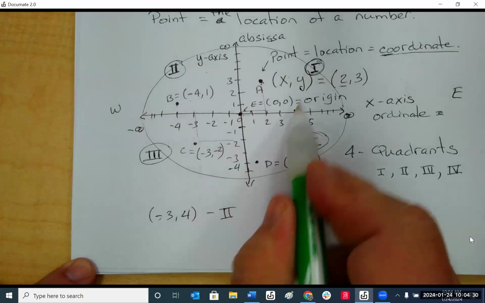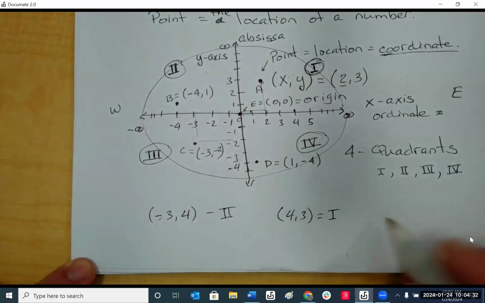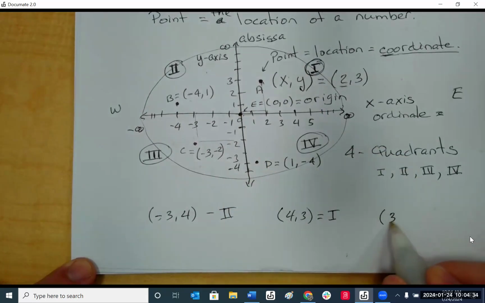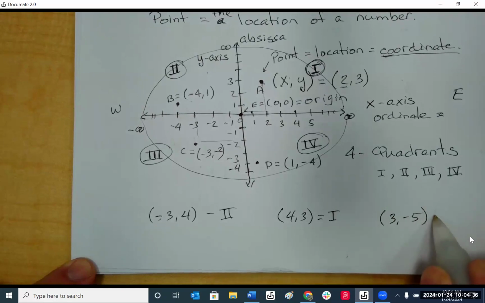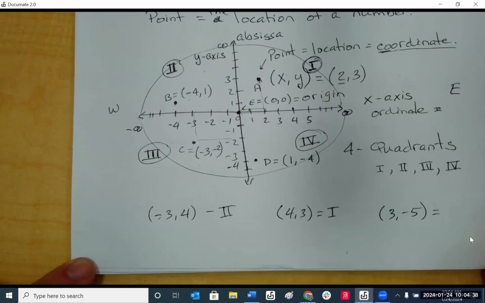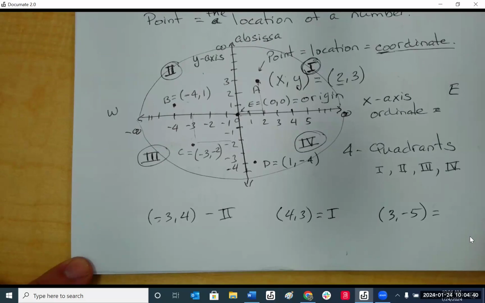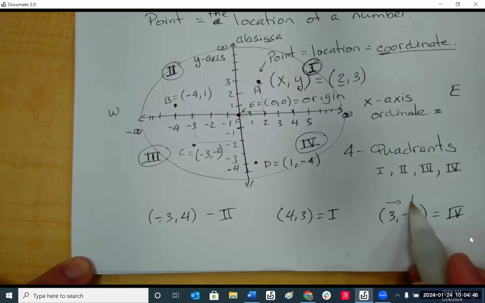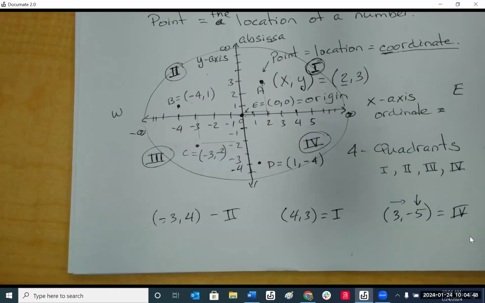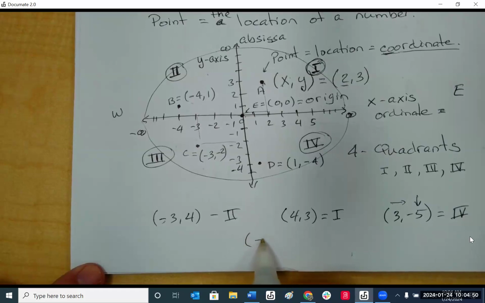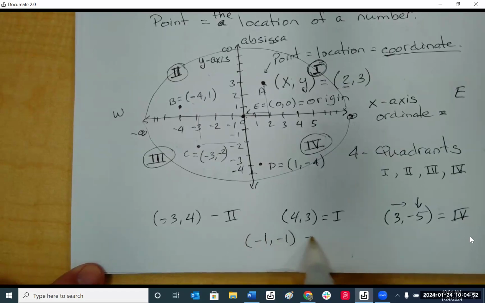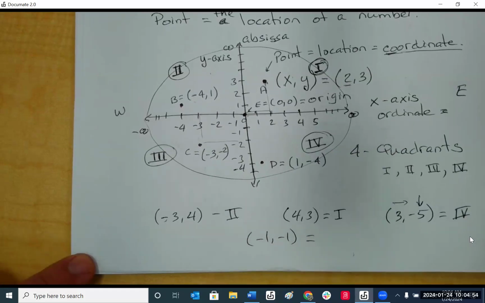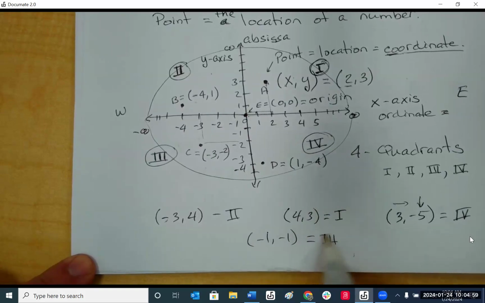From the origin, it goes right, up. 3, negative 5? 4. Because it goes to the right, then it goes down. -1, -1. Yeah. Left, down makes it 3.